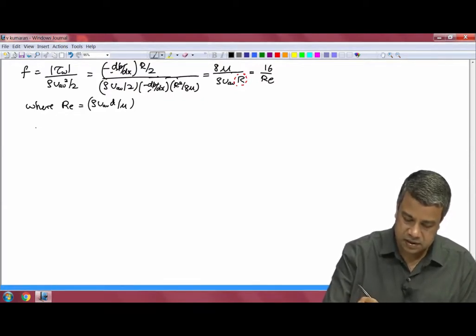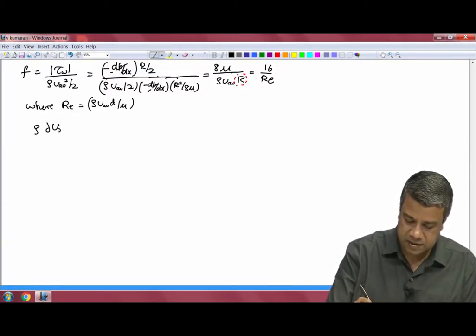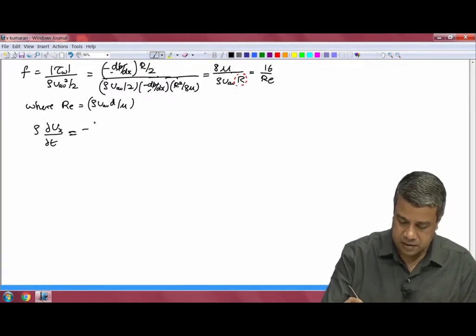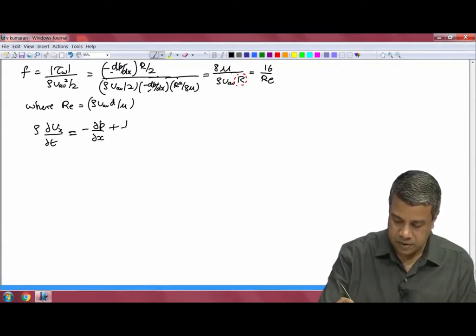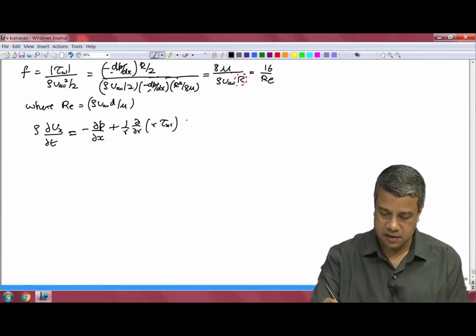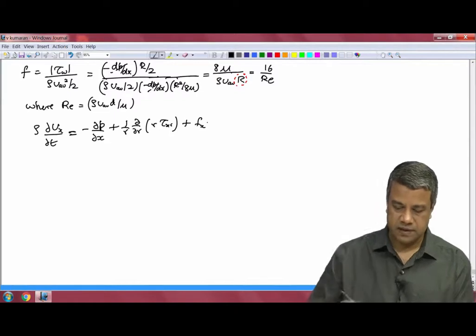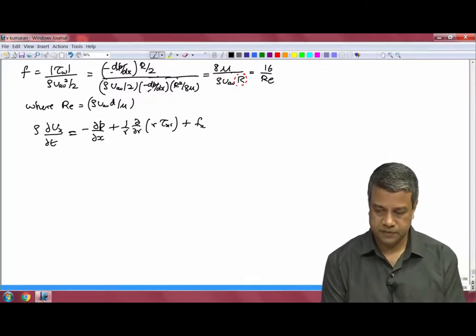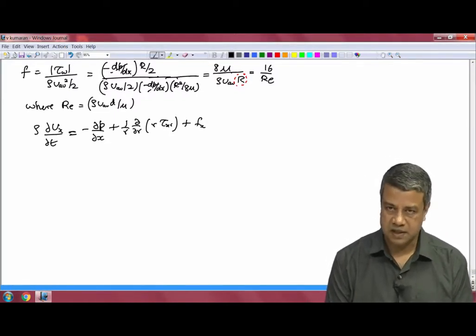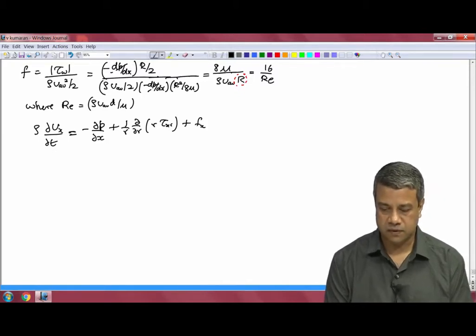Let us just consider an unsteady state, rho times partial V x by partial t is equal to minus partial p by partial x plus 1 by r d by dr of r tau x r, expressed in terms of the shear stress, plus a force F x, a body force density, force per unit volume.